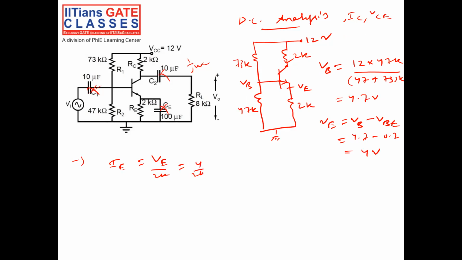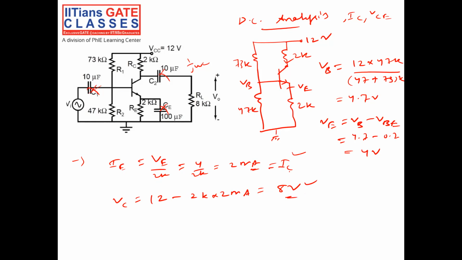So 4 volt by 2K is equal to 2 milliampere, which is equal to IC, right? What is VC? VC is equal to 12 volt minus 2 kilo ohm into IC, 2 milliampere, nothing but 2 into 4, so 8 volt, right? So from the DC analysis, I know IC, I know VC.